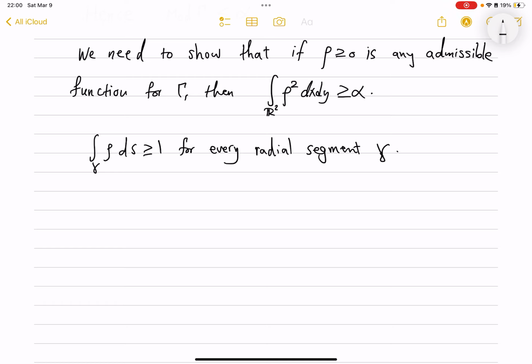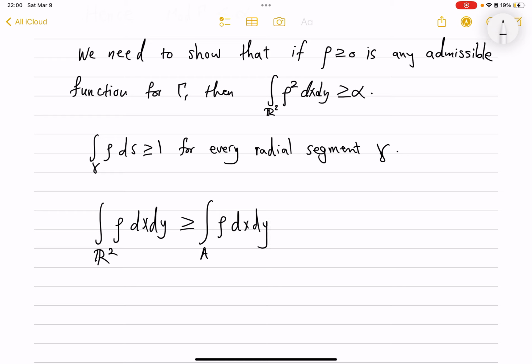We want to estimate from below the L2 integral. So I want to integrate rho squared dx dy, and I want to estimate it from below. Because these gammas are contained in the annulus, I only need to integrate over the annulus.